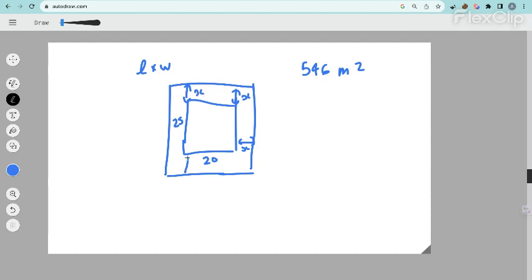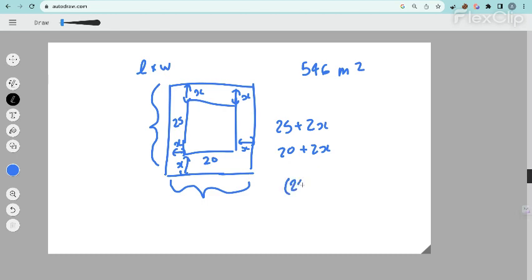Well, we know that this is X and this is X, but also this is X. So if you think about it, 25 plus 2X would be this entire side, and 20 plus 2X would be this entire side. So that means that 25 plus 2x times 20 plus 2x is equal to 546.